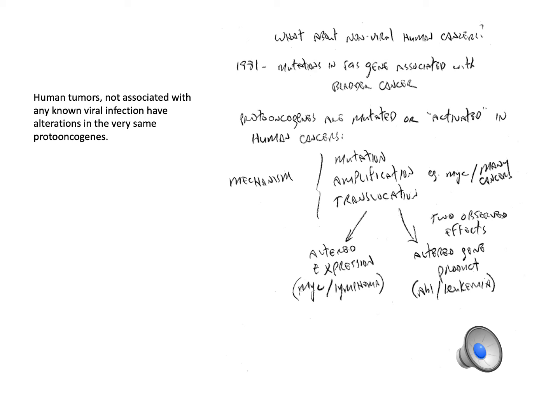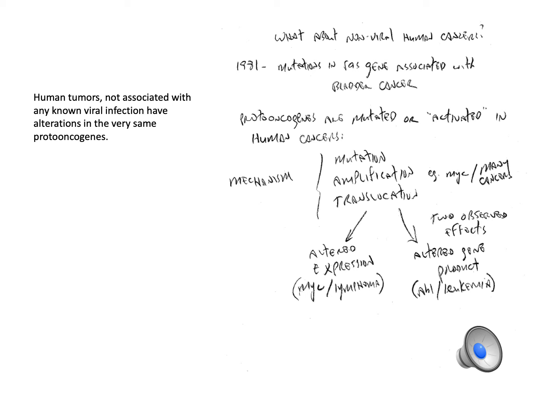So it turns out that, as far as we can tell so far, the genes that were identified in these experimental animal systems using the retroviruses may well be the very same genes perturbed in human tumors. So what we identified in the retroviruses seems to hold over into non-viral human cancers.